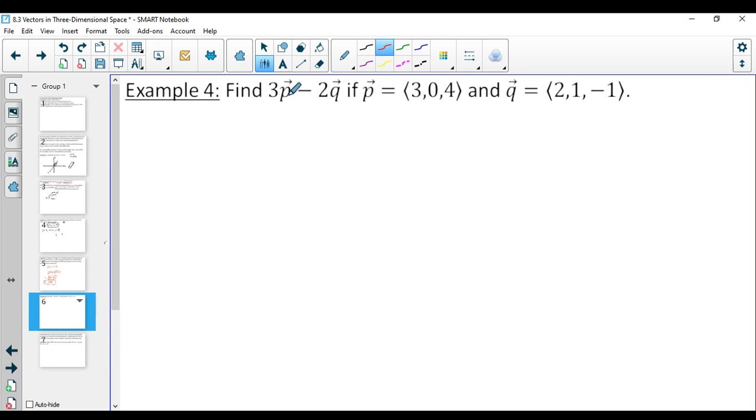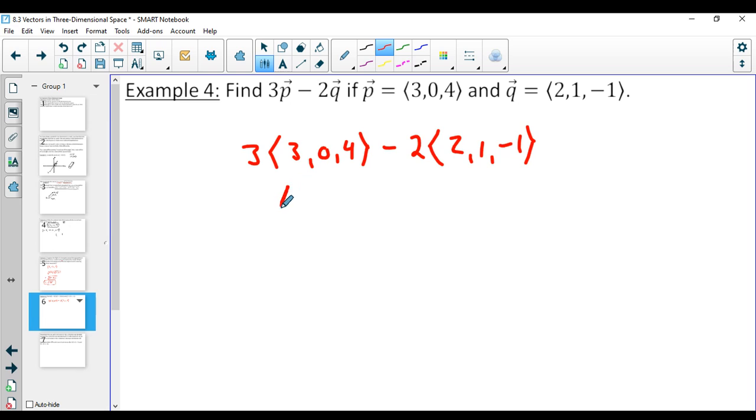So find 3p minus 2q if p is this and q is that. Well, 3 times p is going to be 3 times 3, 0, 4 and minus 2 times q, which is 2, 1, -1.